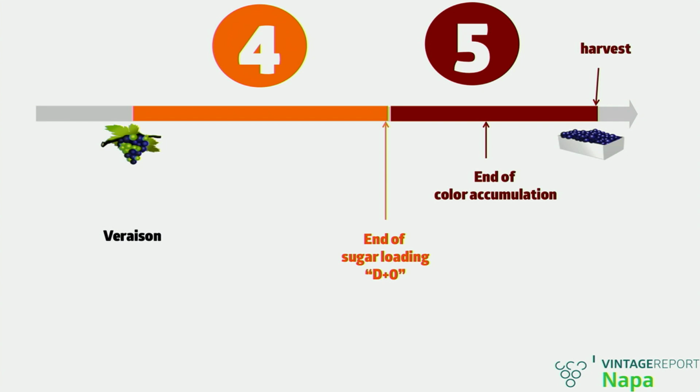Then we enter into period 3, during which the footprint of environmental stresses will be perceived by the plant with a carryover effect onto the fruit chemical composition. So this stage ends at veraison, and then we enter into stage 4.